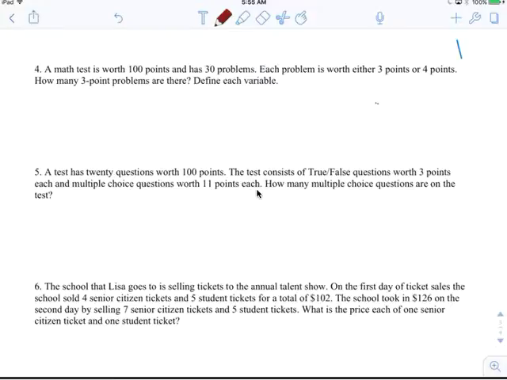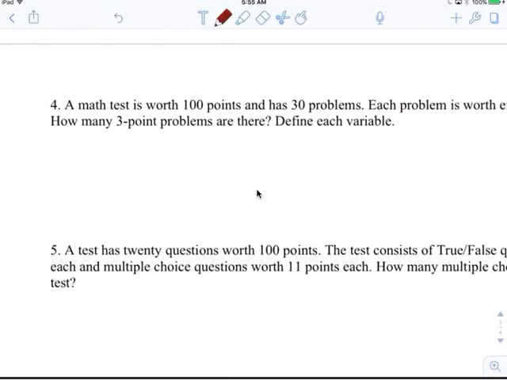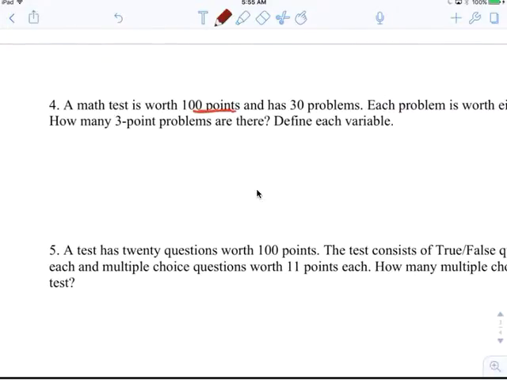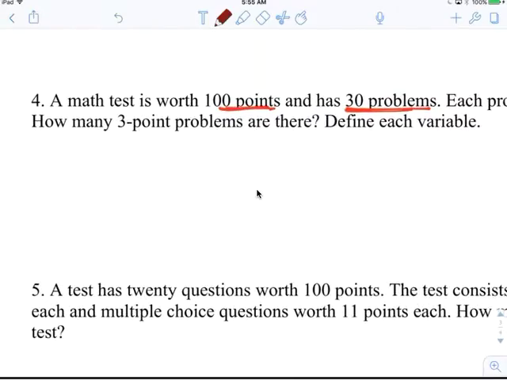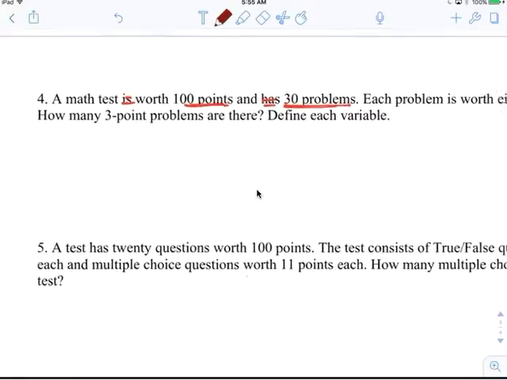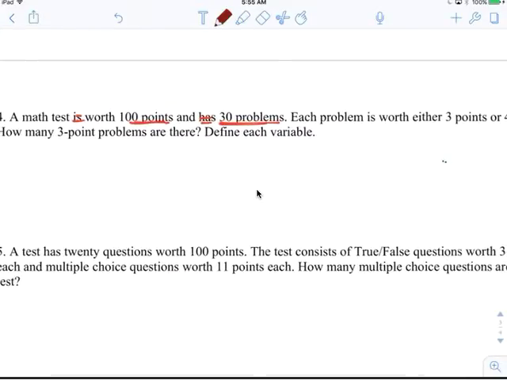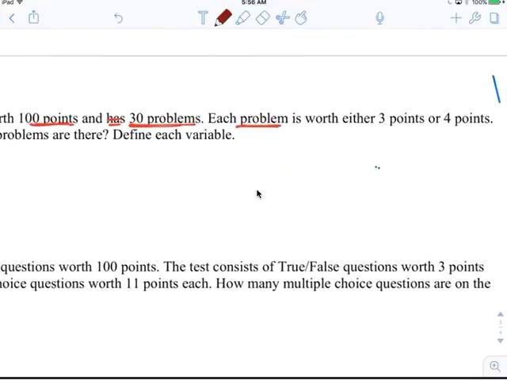Number 4. A math test is worth 100 points and has 30 problems. So one of your equations is going to equal 100 and the other has to equal 30 problems. Each problem is worth 3 points, this goes to the 100 points.